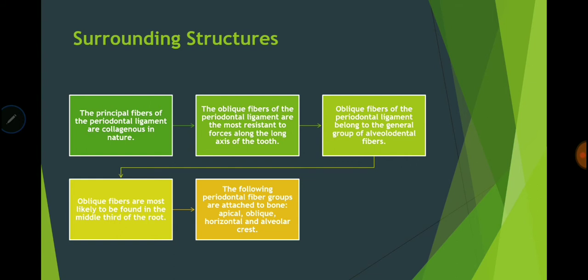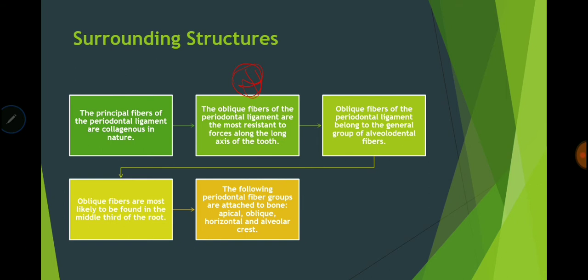All right, surrounding structures. So the principal fibers of the periodontal ligament are collagenous in nature, as you already know. The oblique fibers of the periodontal ligament are the most resistant to forces along the long axis of the tooth. Okay, so what is the most resistant periodontal ligament along the long axis of the tooth?